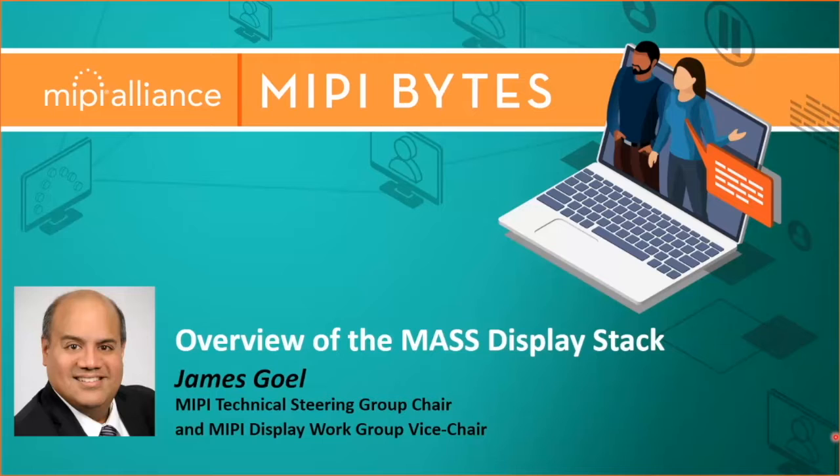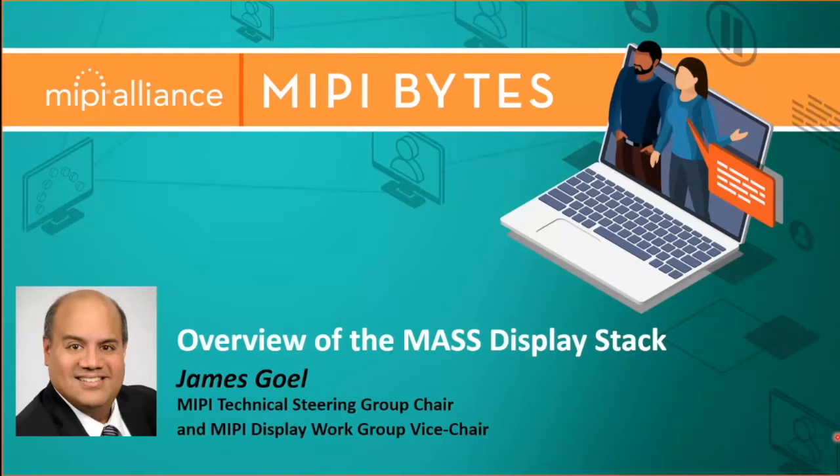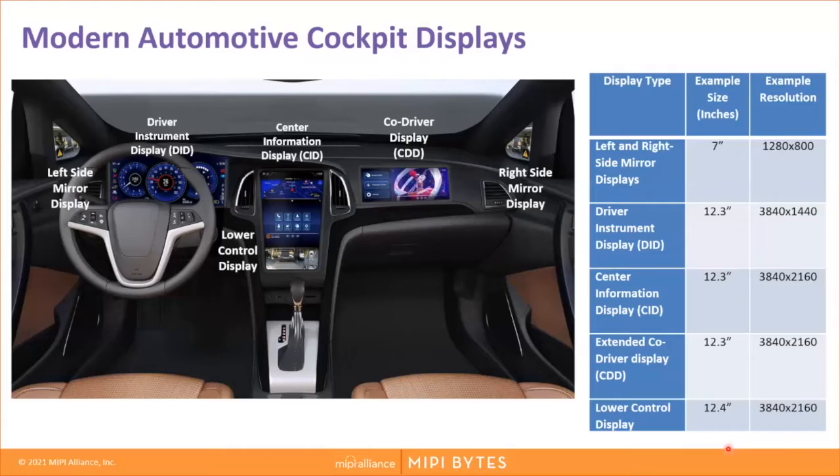Today, we're going to be talking about the MASS display stack. This diagram talks about the kind of use cases that MASS was designed to address. Here we have modern automotive cockpit displays, and there are lots of them.